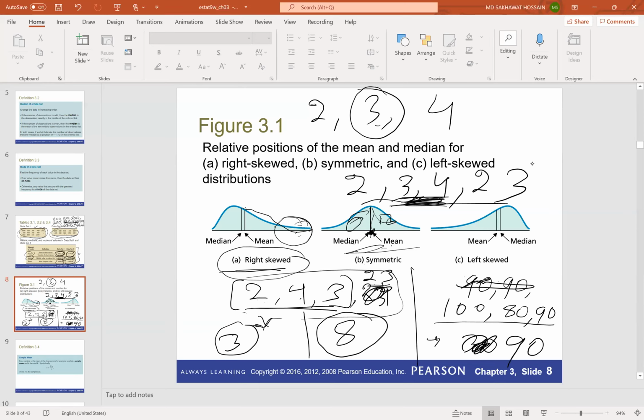Now, if you have one more observation, maybe 20 or 10, then if you calculate the mean, it will be shifted to the left. But the median will not change that much. So that's why for a left-skewed data set, the mean will be on the left side of the median.